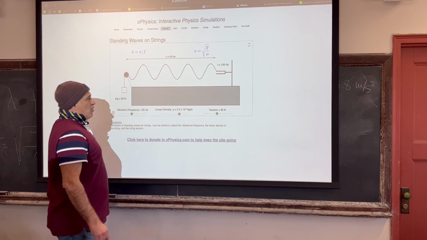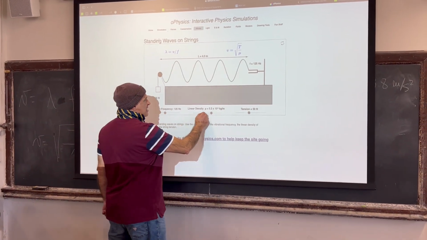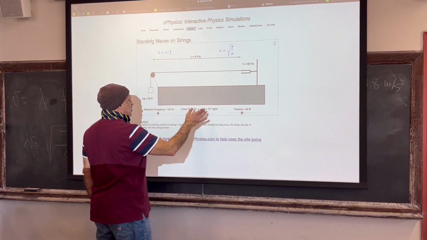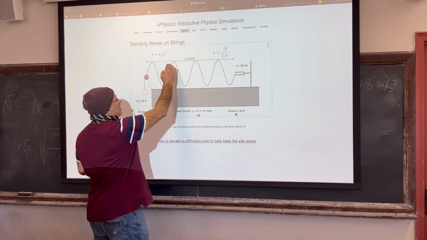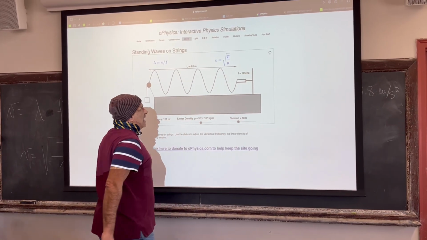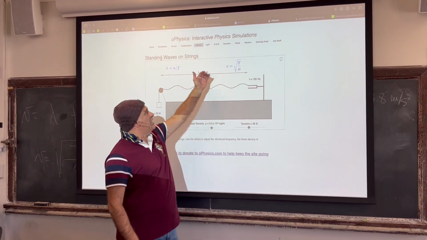So what you are supposed to do then is adjust different values of the tension, linear density, and vibration frequency to find different resonant modes and test that these two formulas give exactly the same result.